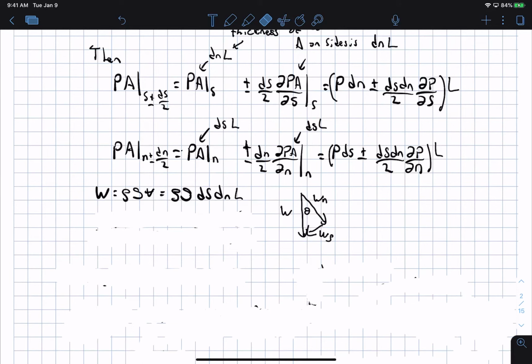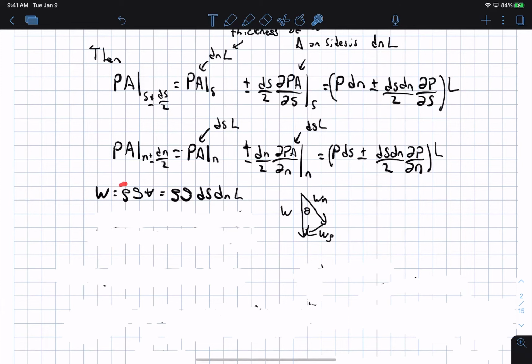So the weight acts straight down, and we should really determine what the weight is in the normal direction and in the direction along the streamline. Well, weight is just the weight of the fluid, so that's rho times g times the volume.